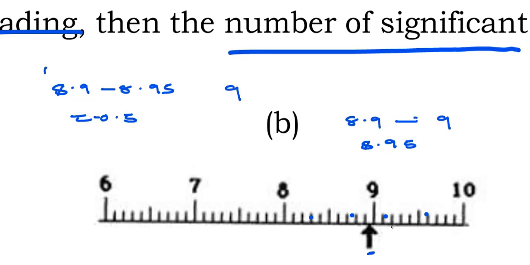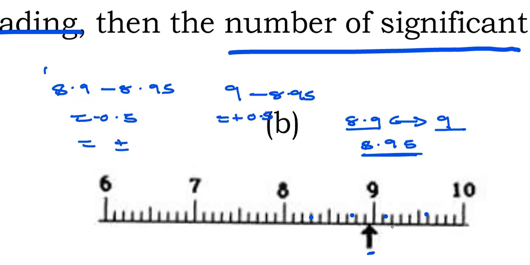This is where the arrow is between these two numbers. Now we say 9 minus where the arrow actually is, which is 8.95, and subtracting the two, we have positive 0.05. And this makes more sense, as our uncertainty is going to be plus or minus 0.05 here. This is how you go about this.